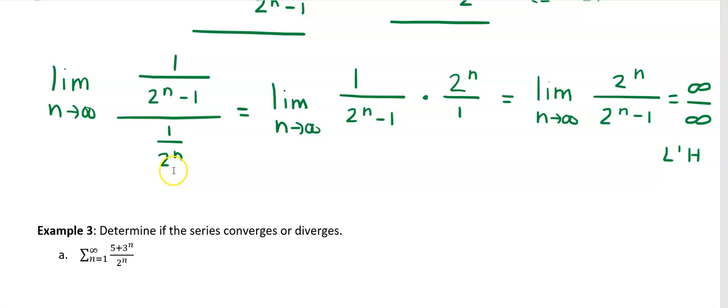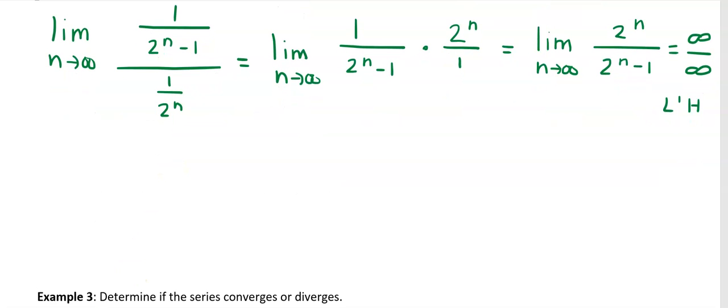So let's go down a level and apply L'Hopital's rule. That would give us the limit as n approaches infinity of the derivative of the numerator over the derivative of the denominator.